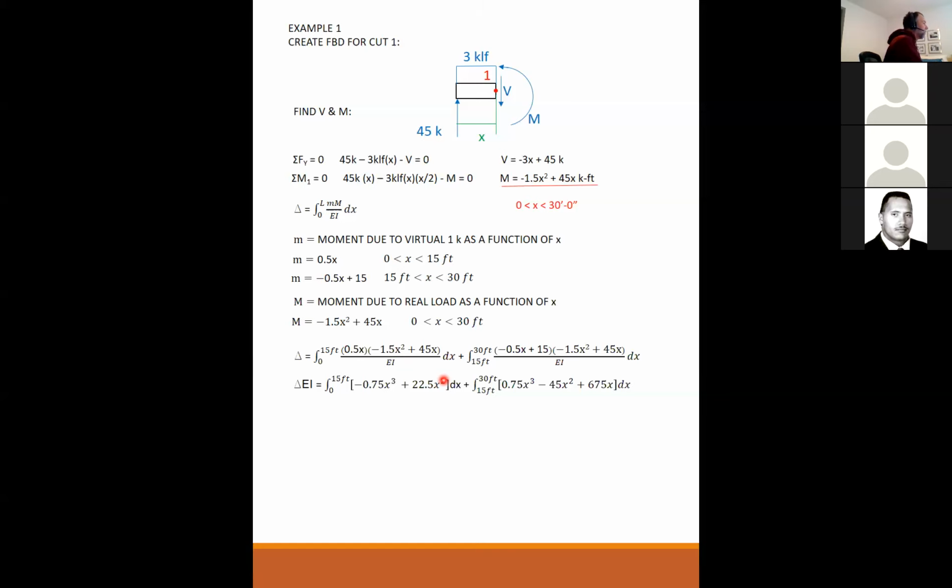Last homework covered chapter 9. Yes, last homework did cover chapter 9. It's a good question, so let me find it real quick. Chapter 14, energy methods. And what I'm covering right now is in chapter 14.6 and 14.7. That's where it is in the book.